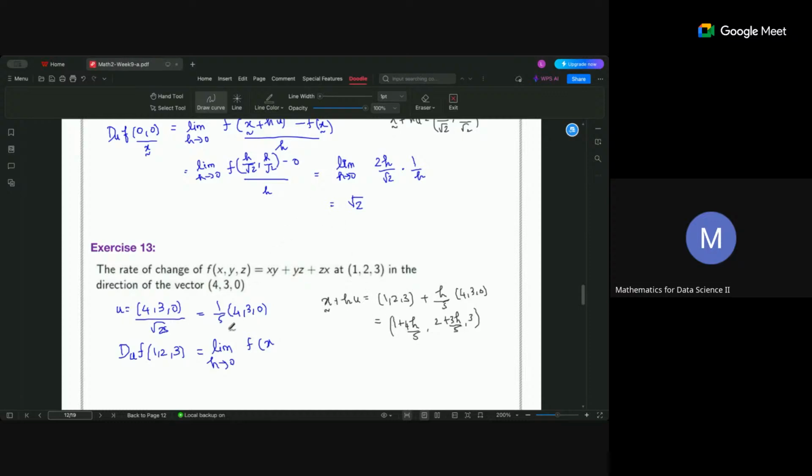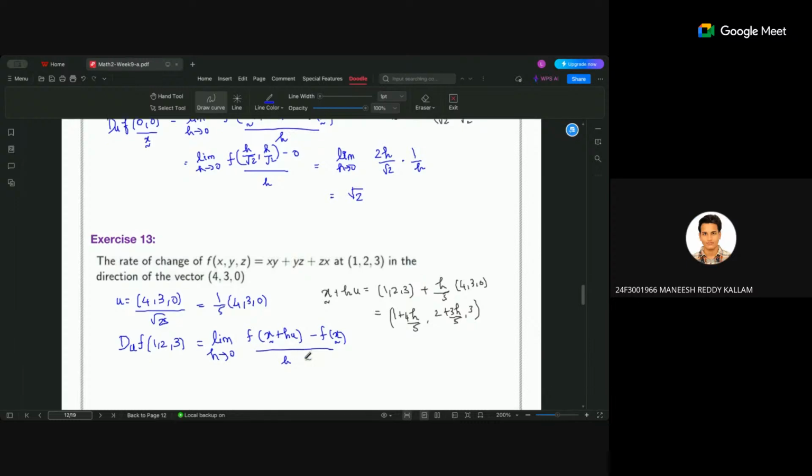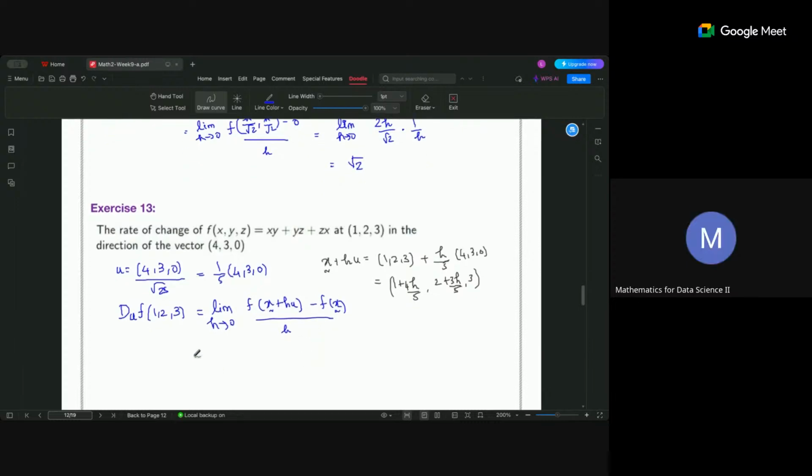What is your f of x tilde? Calculate and tell me. 11, I guess, ma'am. Yes, it's correct. It's 11.